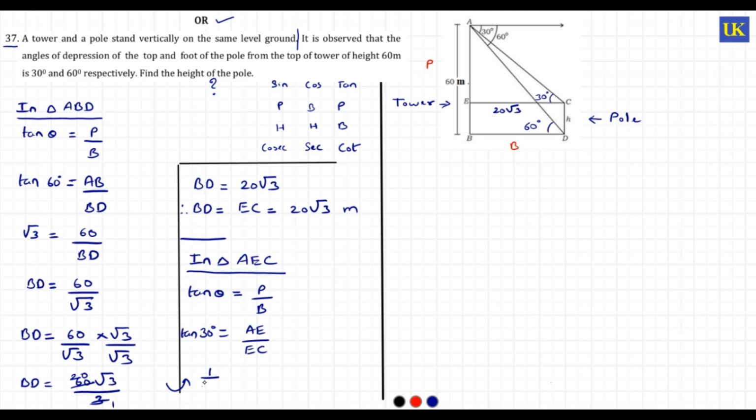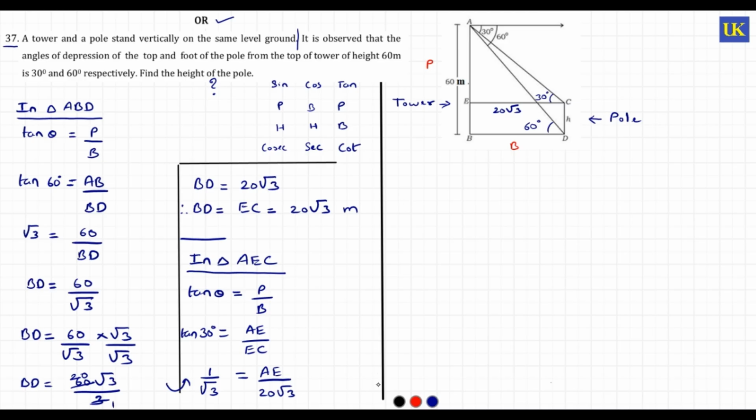It is 1 upon root 3, equal to AE, which we wish to find, over EC, which we found just now: 20 root 3.